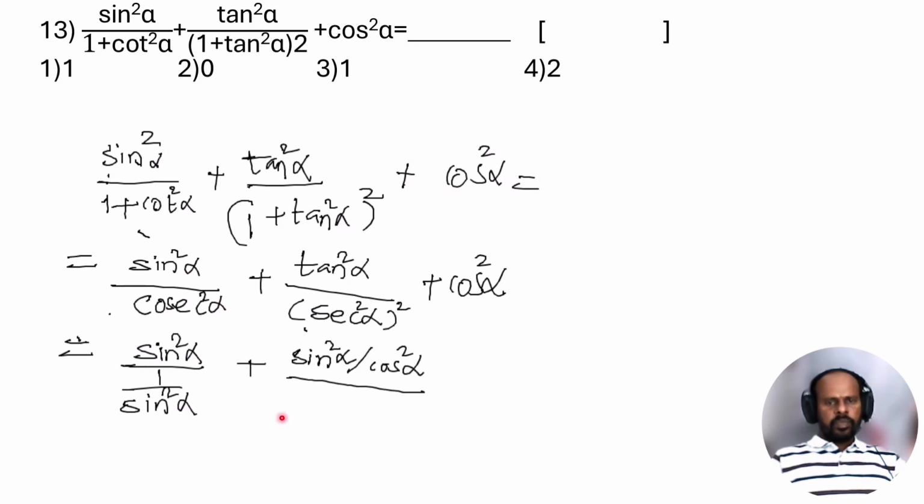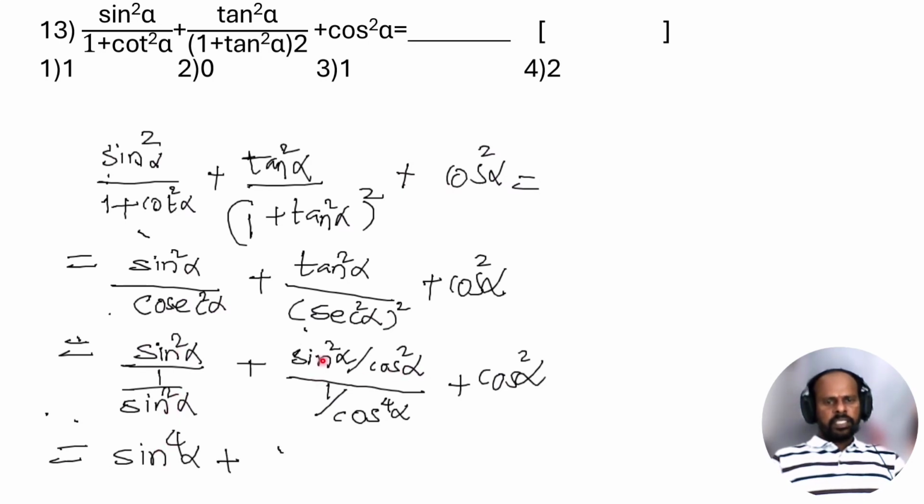Here sine square squared becomes 4 times, sine square alpha in the numerator, and in the denominator cos power 4 alpha. From 4 cos terms, 2 cos terms get cancelled, so 2 cos square alpha will multiply in the numerator, and the last term as it is.